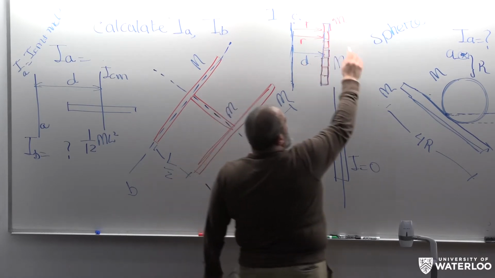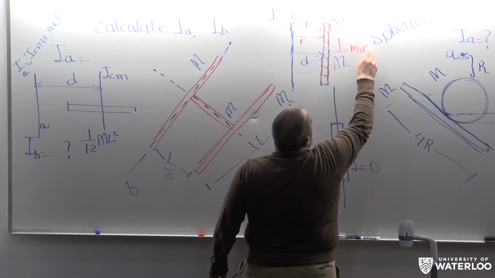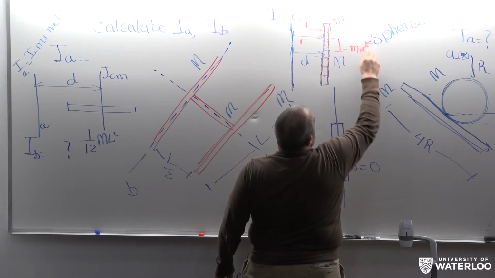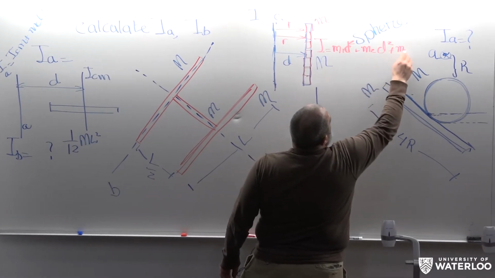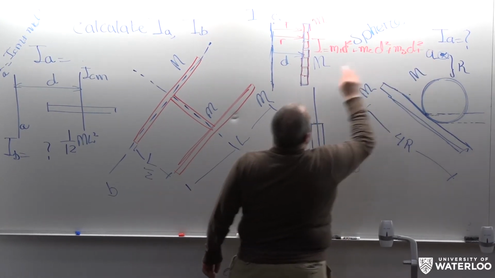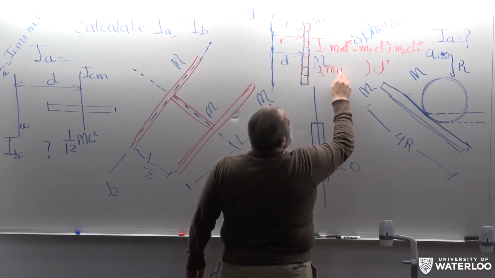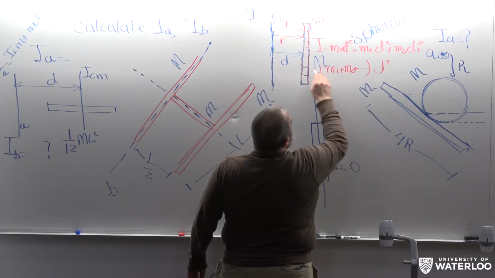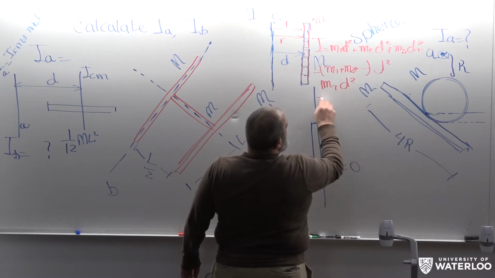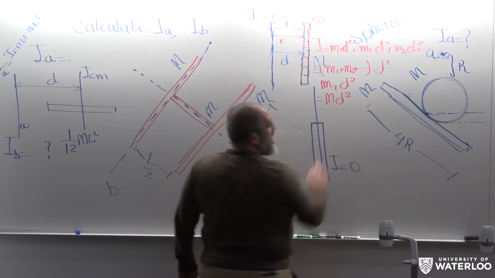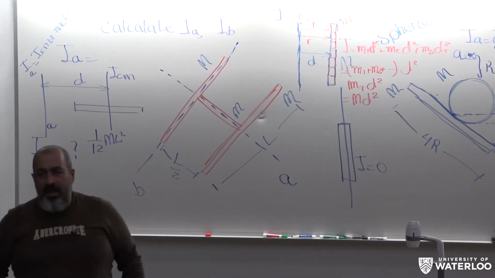So the moment of inertia of this bar I is M1 D squared plus M2 D squared plus M3 D squared plus, and that's equal to D squared into M1 plus M2 plus, and that's equal to M total D squared, and that's the mass of the bar times D squared, okay? So we understand that this behaves like a point mass, right?